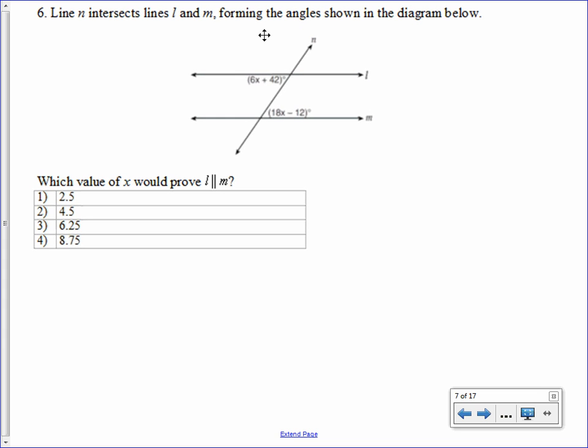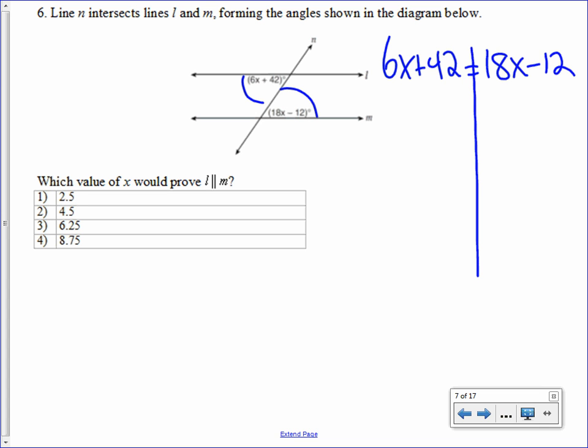For a question like this, you have to ask yourself, are these angles the same or are they different? Well, they're the same. If they're the same, you set them equal to each other. Solve the equation, get x to one side, isolate and subtract first.